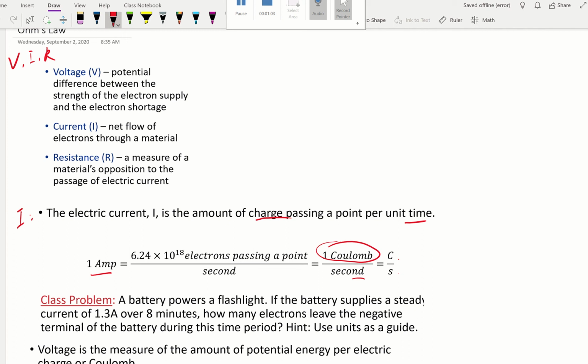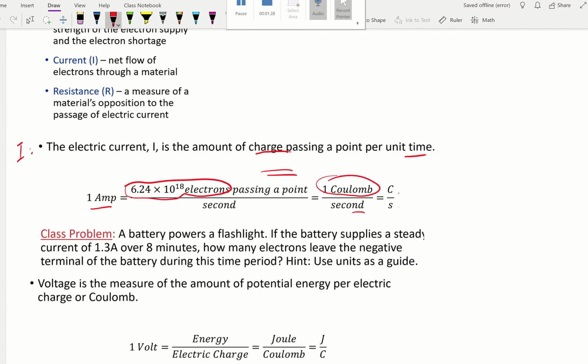But what is a coulomb? A coulomb is equal to 6.24 times 10 to the power of 18 electrons. Well, we don't need to remember, but that's the reference. So when we talk about 1 amp, which means 1 coulomb of charge passing every second, that means there are 6.25 times 10 to the power of 18 electrons passing every second.